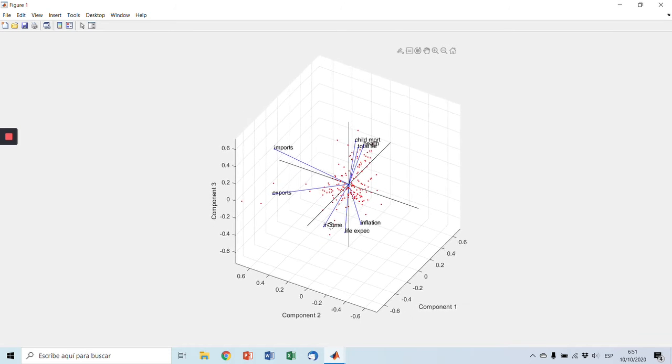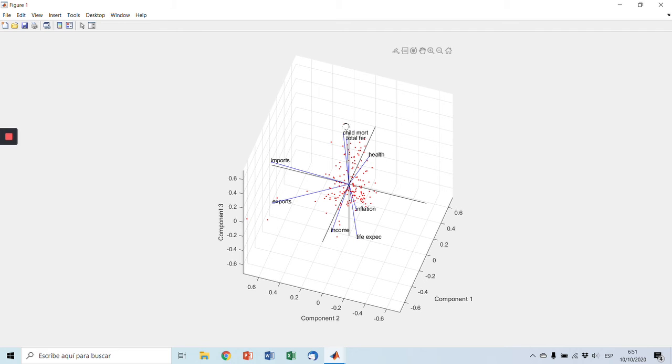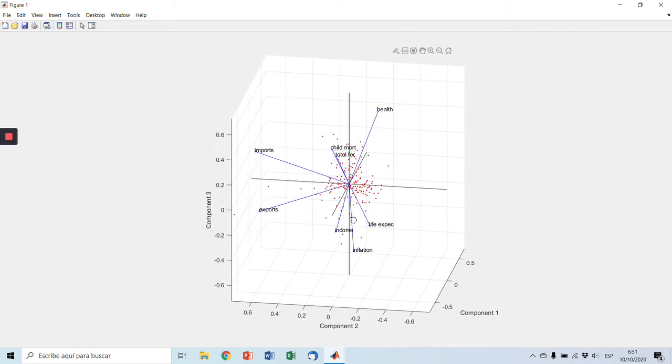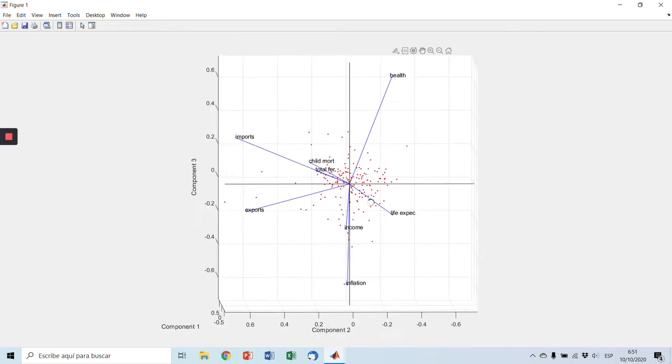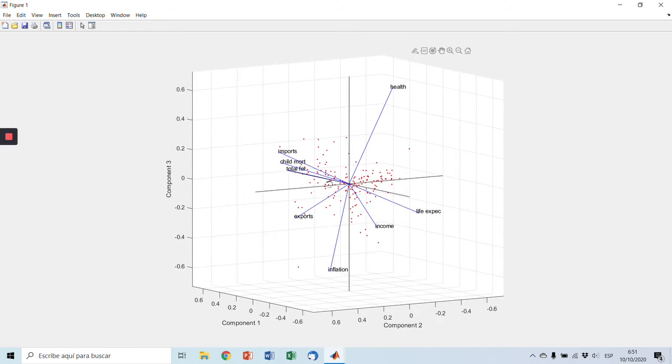And then the other direction, so we can think of this as an axis. The other axes, they are not aligned, so they are not bringing the same amount of information, but the other axis is very much related to the imports and exports. And then there is a third axis that is this health and inflation.